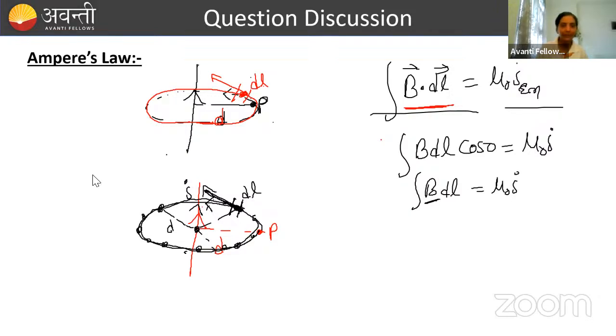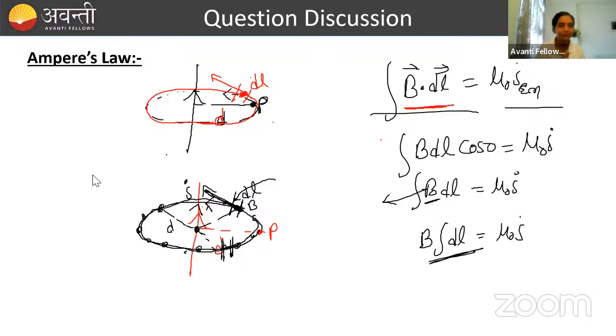Even if we take dl here, the magnetic field magnitude will be the same, right? Because this length element is also at the same distance d from the wire. So B is constant. So take the constant outside: B integral of dl equals mu naught I.